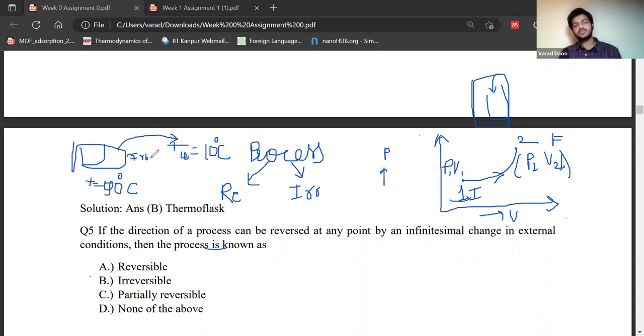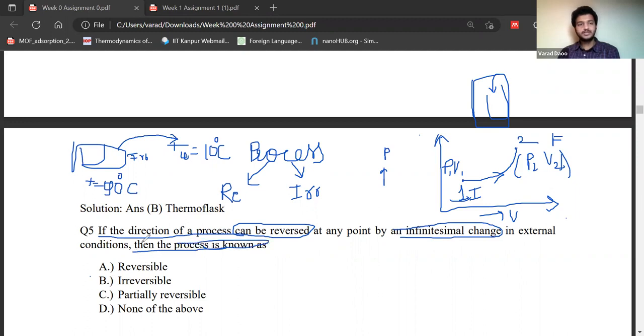So all spontaneous processes are irreversible, whereas slow processes are reversible, right? So here, what the examiner is asking is whether the direction of the process can be reversed at any point by an infinitesimal change in an external condition.